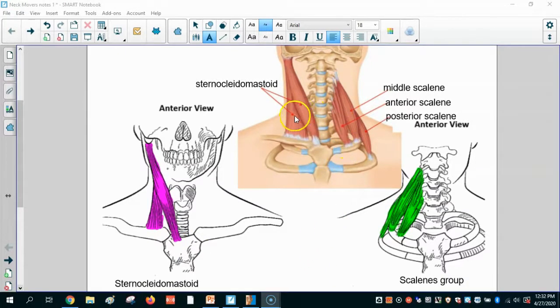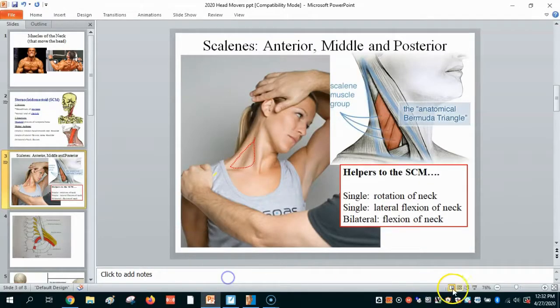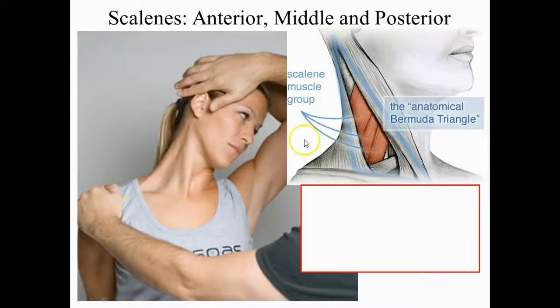Now, keep in mind, we have scalenes on both sides, sternocleidomastoid on both sides. So this is going to be sort of tucked in behind the sternocleidomastoid. But keep in mind, it has a more posterior insertion and a little bit of a more anterior origin, very similar to the sternocleidomastoid. So let's take a look at the PowerPoint.